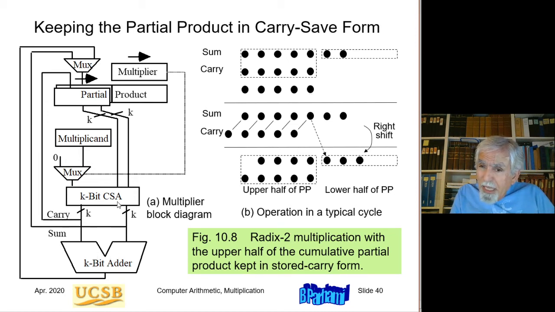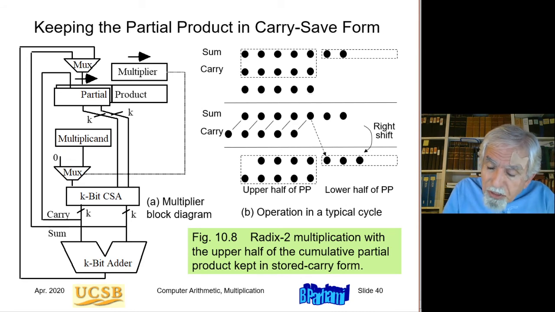So instead of k long cycles, I have k very short cycles plus one long cycle at the very end. So this is basically multiplication by keeping the partial product in carry save form, which leads to a major improvement in the speed of multiplication.